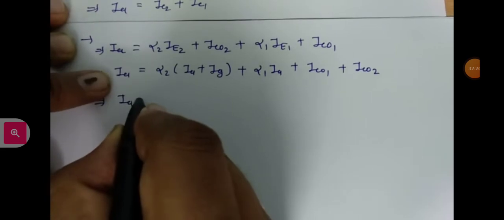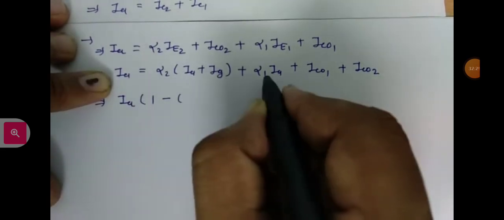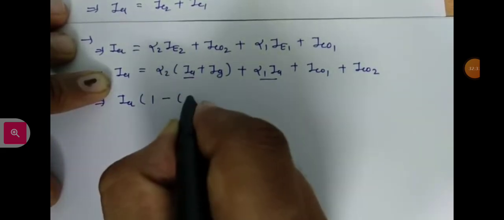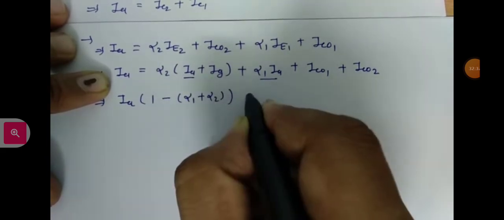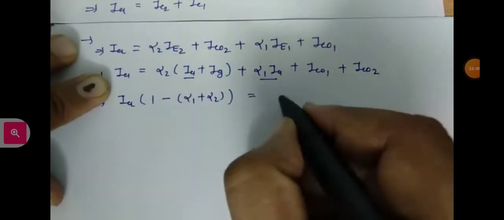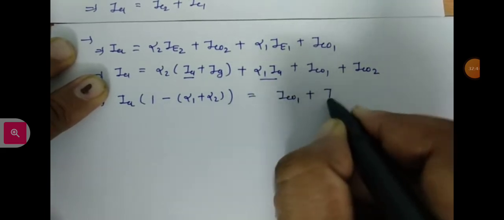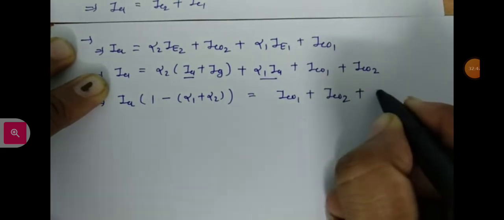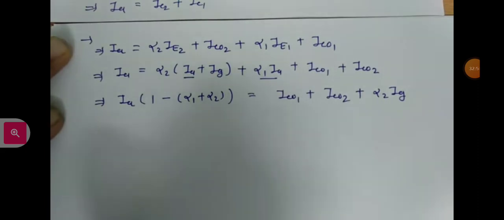So IA into 1 minus, let us take these two terms over this side, alpha 1 plus alpha 2, and on this side we'll be having ICO1 plus ICO2 plus alpha 2 IG, right?